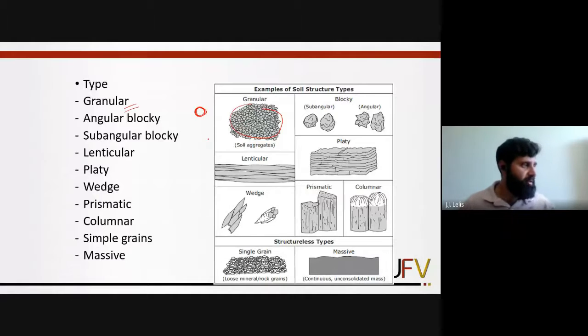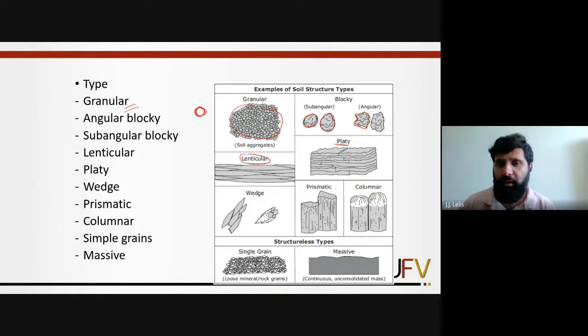We have some blocky materials that can be defined as angular and subangular materials. We can see some lenticular materials. We can see some platy materials.